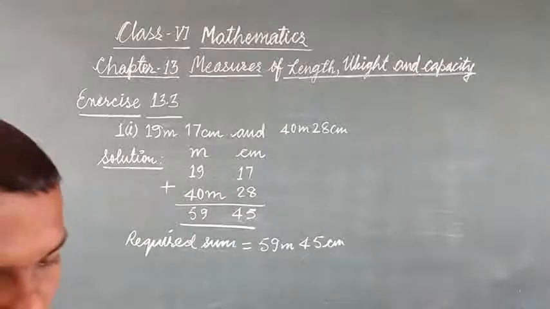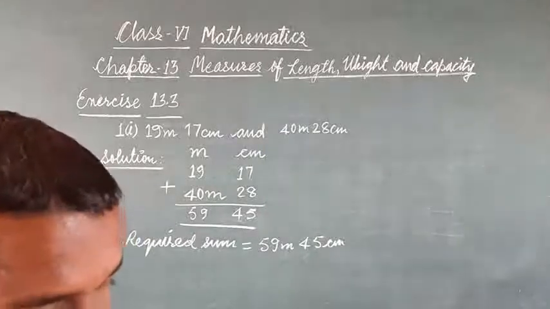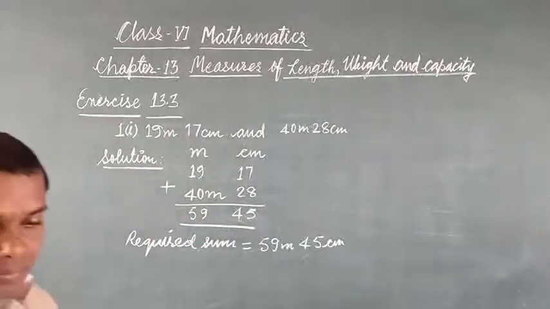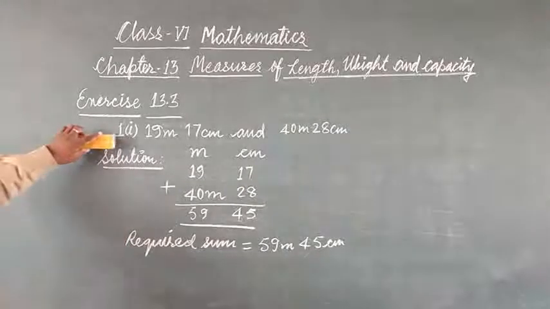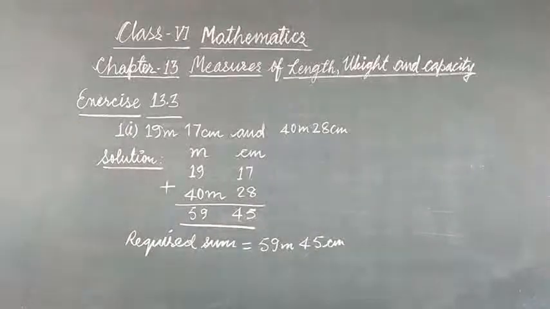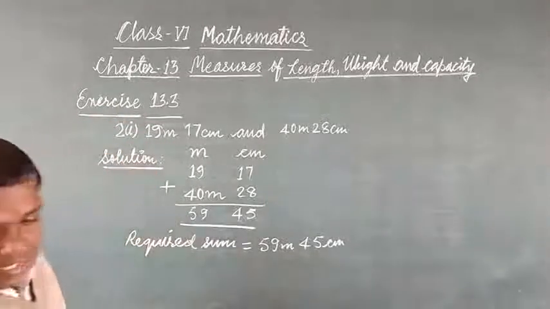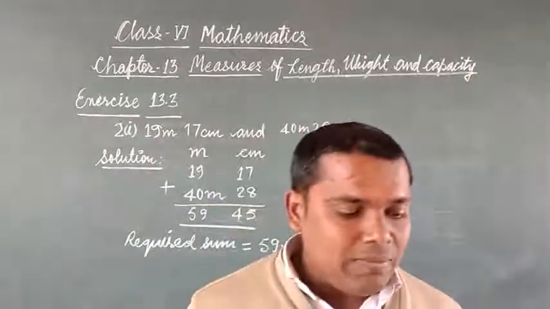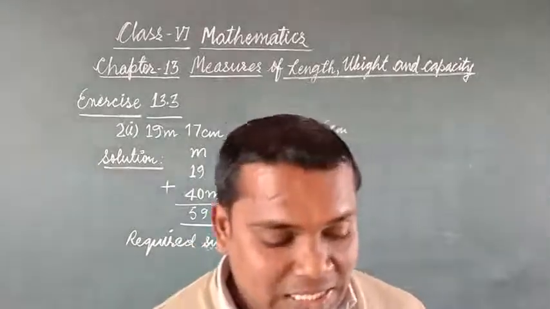Now I am going to solve the remaining questions of this one; you will do them. I am going to solve question number 2, which is subtraction. Question 2, number 1: subtract 12 kilometer 250 meter from 24 kilometer 780 meter.